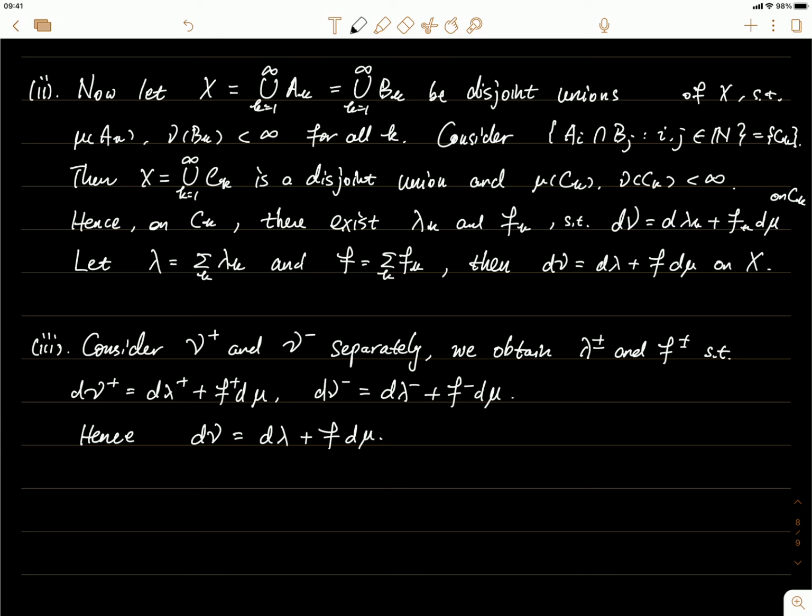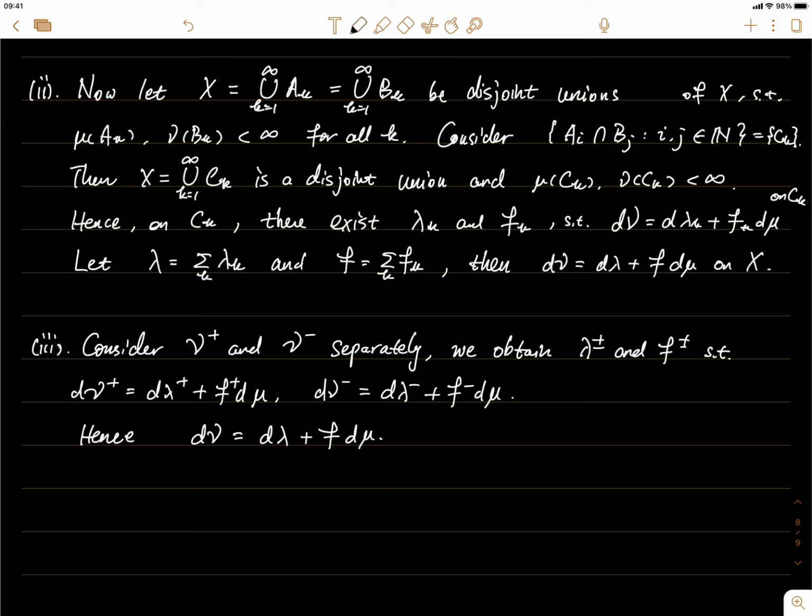So to this end, let's consider the decomposition of X into either this form or this form. In this decomposition, we can always assume that these A_k are disjoint, because otherwise for each A_k we can just define it to be the difference of this set from the existing ones.